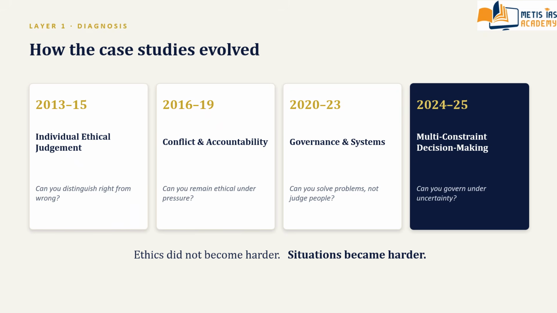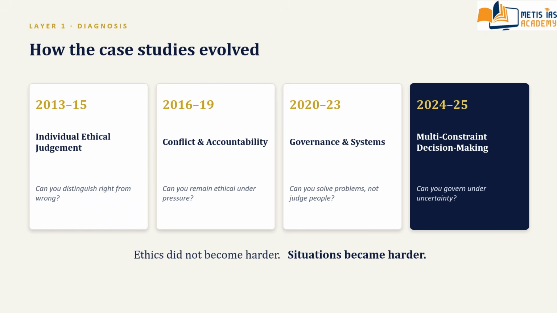This type of question has increased from 2020. The answer expected is immediate resolution and institutional correction. So that much started from 2020. This phase is the rapid introduction of governance and systems.